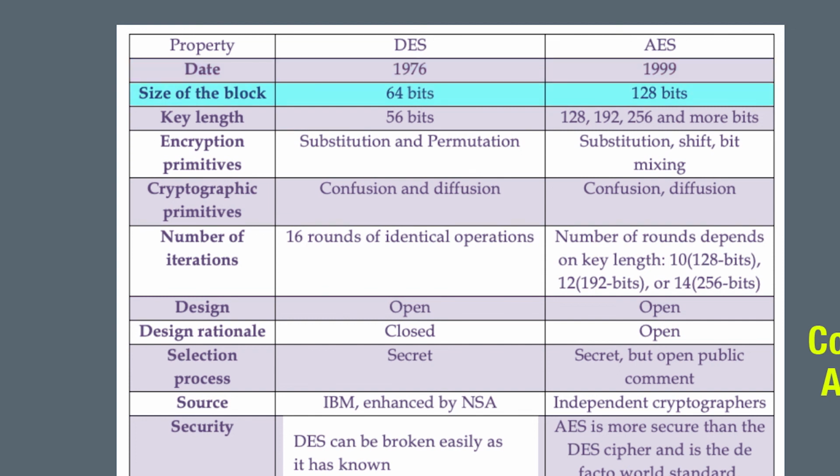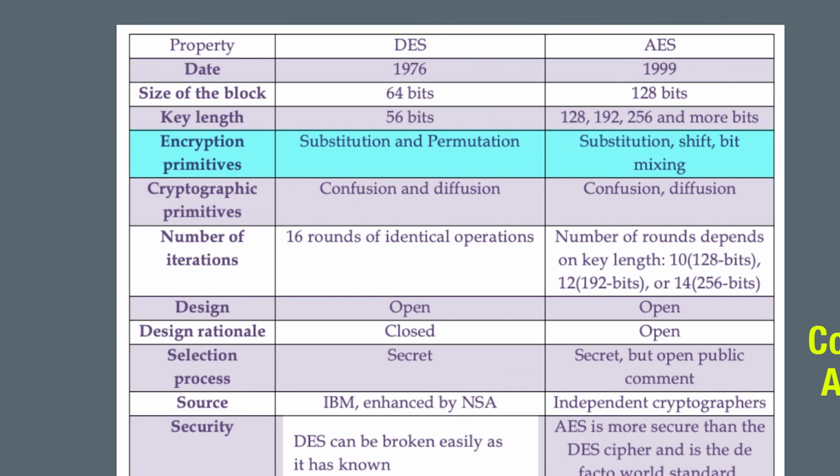The size of the block is 64 bits for DES, whereas 128 bits for AES. DES has a key length of 56 bits, while AES has key lengths of 128, 192, 256 and more bits.